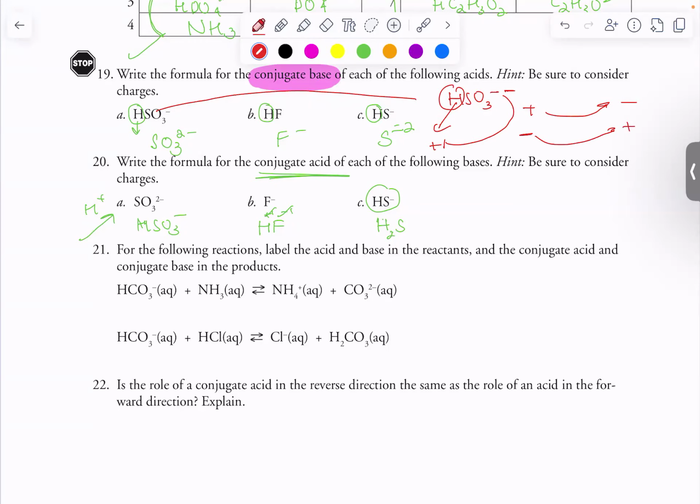Yes. So let's suppose HF. Now this contains nothing. So if you remove hydrogen ion, it means you are removing plus one charge. So towards the other side, you will add minus one charge. So it would become F minus.